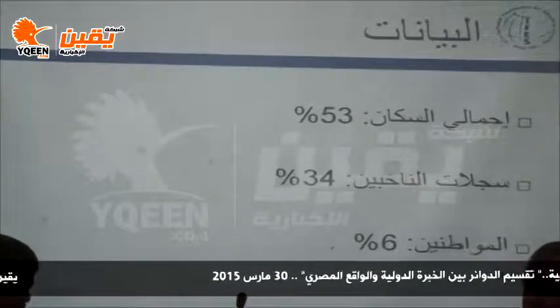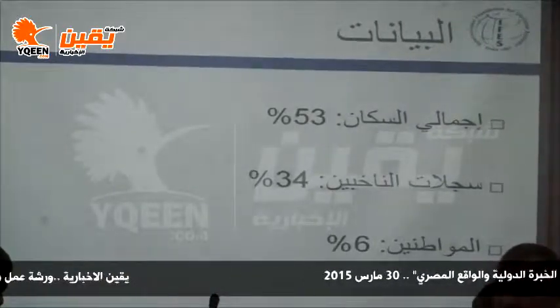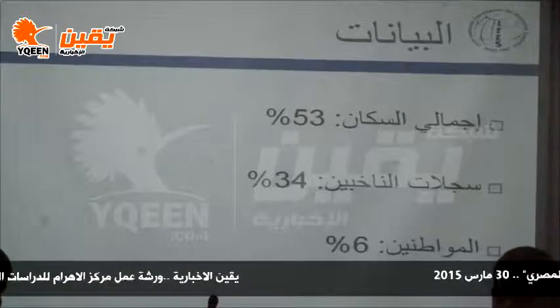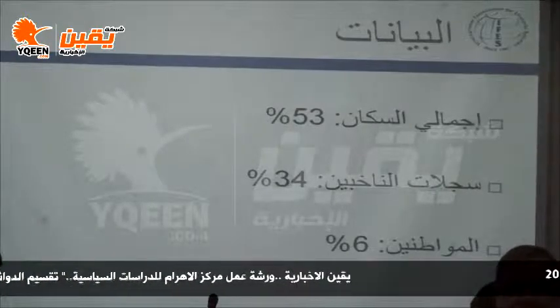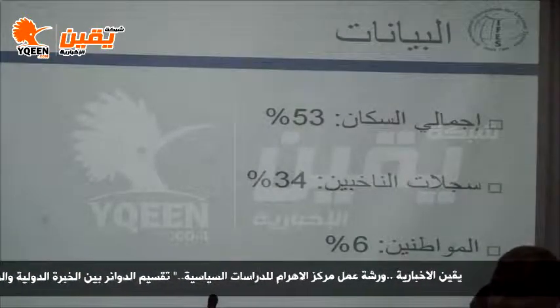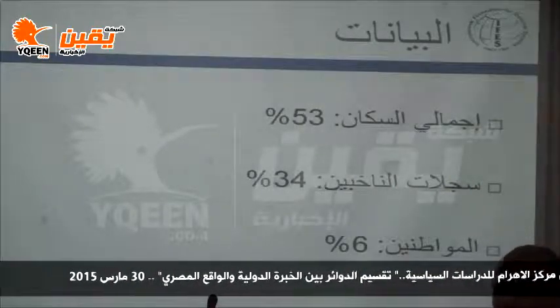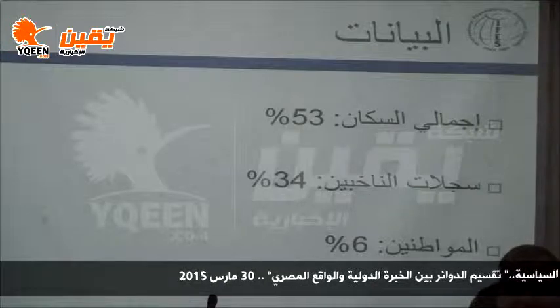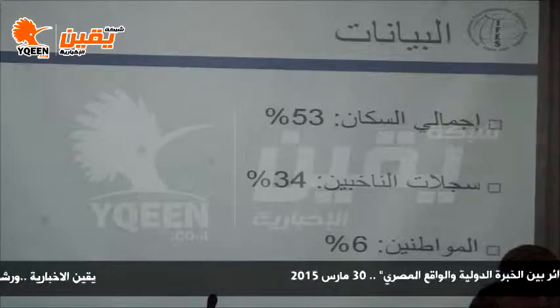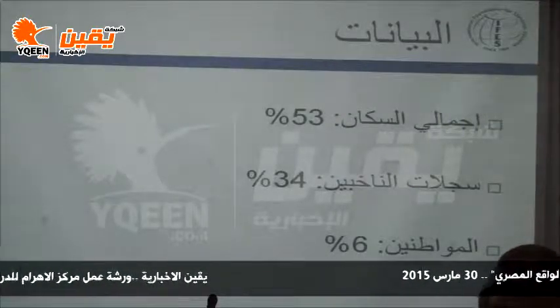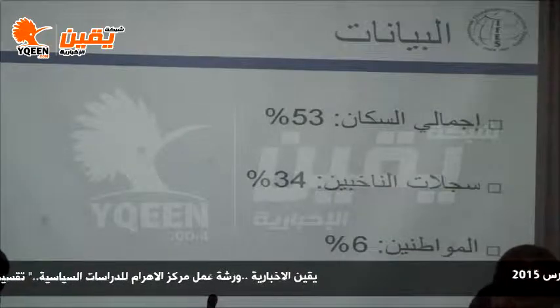So they look at how many people are there in that area, irrespective of where people come from, etc. About 34% of countries look at the voter register. And then there are about 6% of the countries that we looked at that use citizens of the country as the figure that they're looking at.